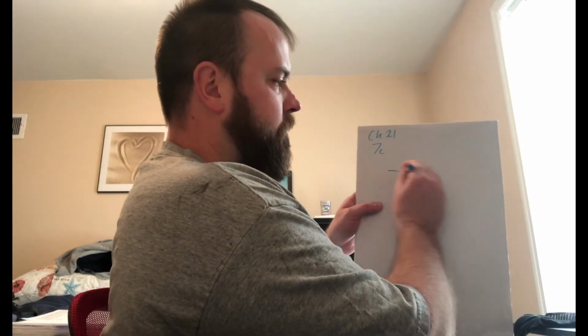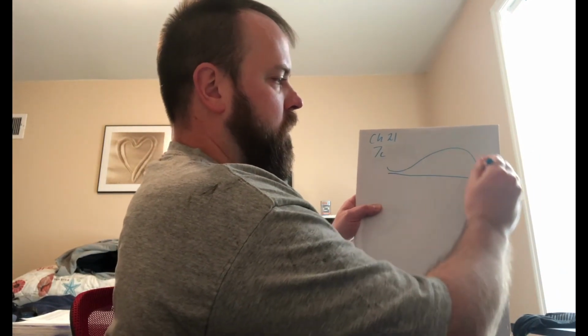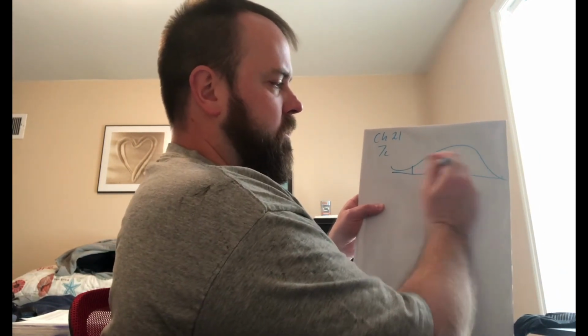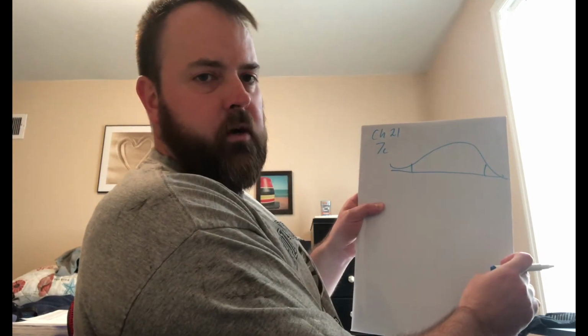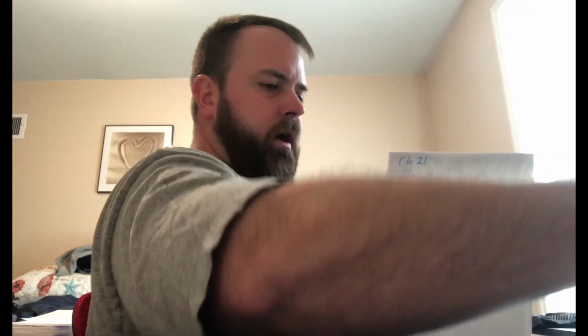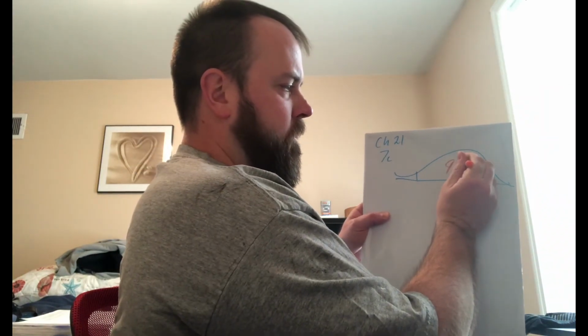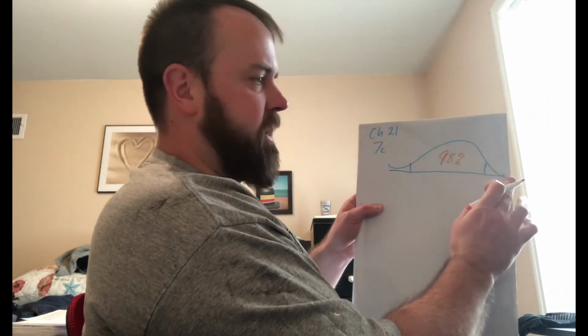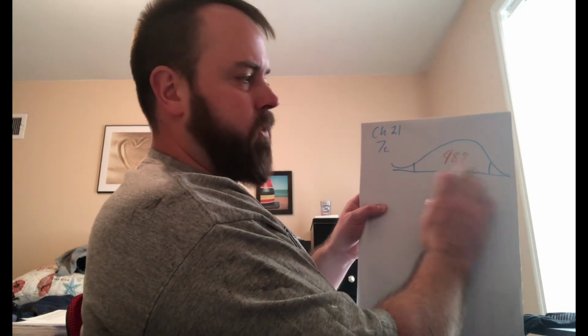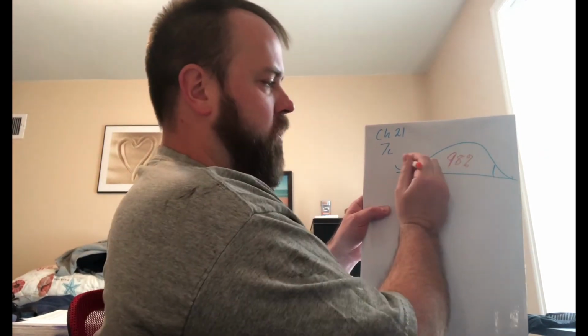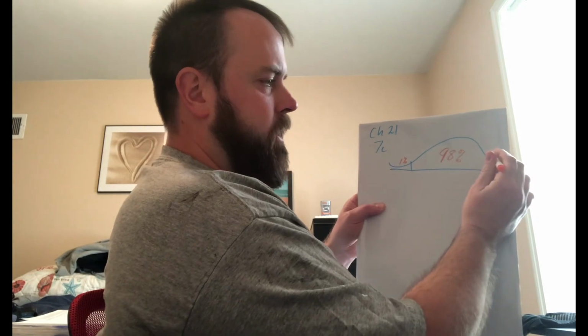So if you're looking at that confidence interval, we have confidence intervals always as two-tail when you're talking about it. In the middle there, we're going to have our 98%, which means for each tail, we're going to split the leftover. 98, there's 2% left over, so we have 1% and 1%.